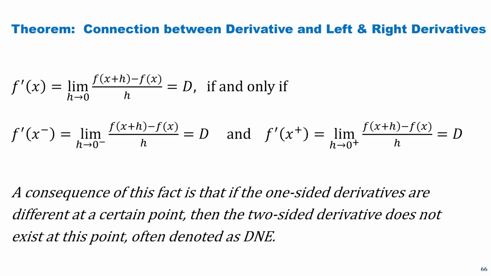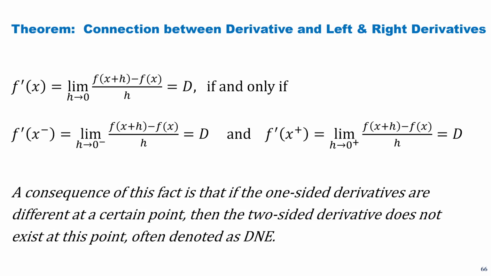Okay, let's have a look at the connection between the derivative and left and right side derivatives. When we talk about limits, we know that the limit of a function at a certain point exists if and only if its left limit equals its right limit, right? Since the derivative is also defined using limits, we will have a similar theorem.